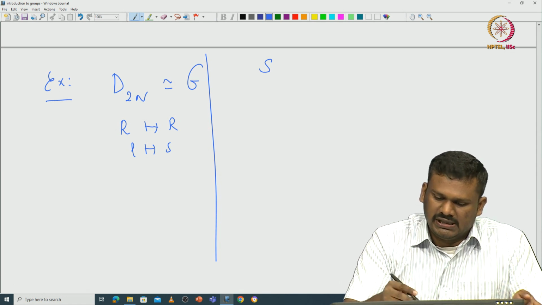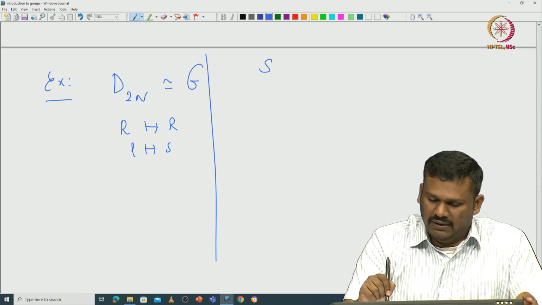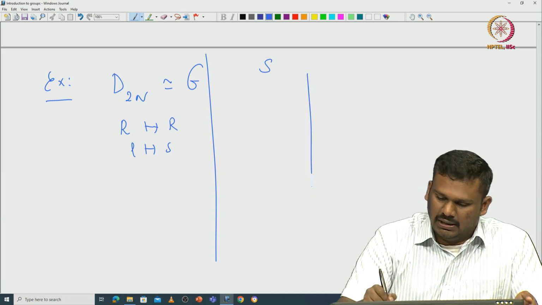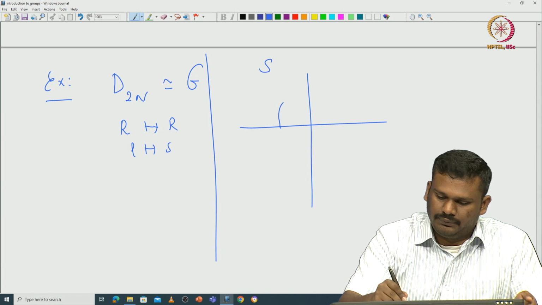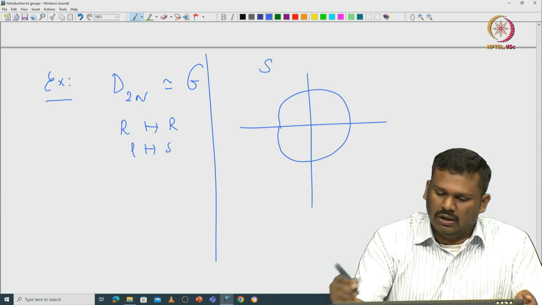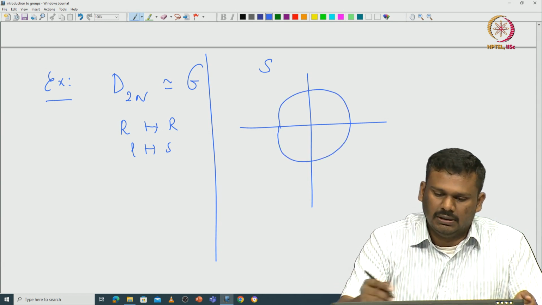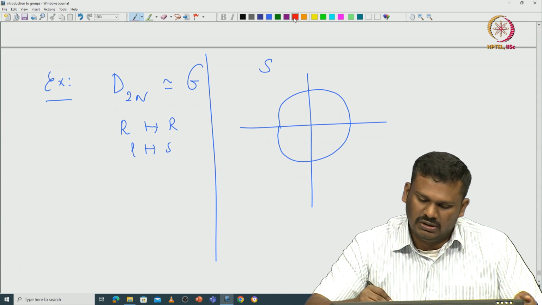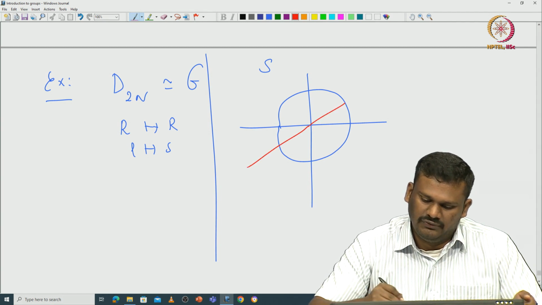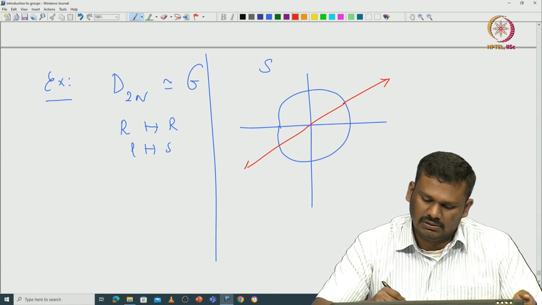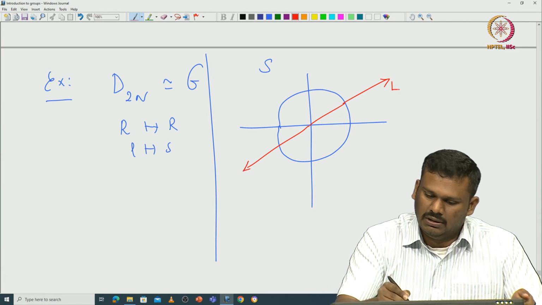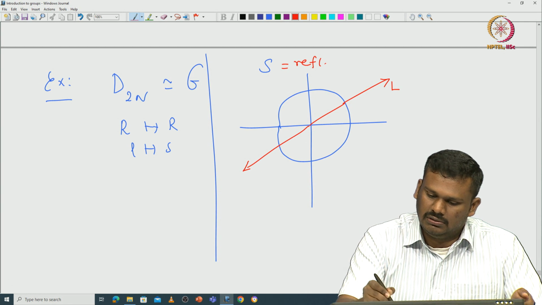In particular, this S is also going to leave S1 invariant. So, now you draw this circle, okay. Now you pick the line which is fixed by this S. So, this is L. S is a reflection with respect to the line L, okay.